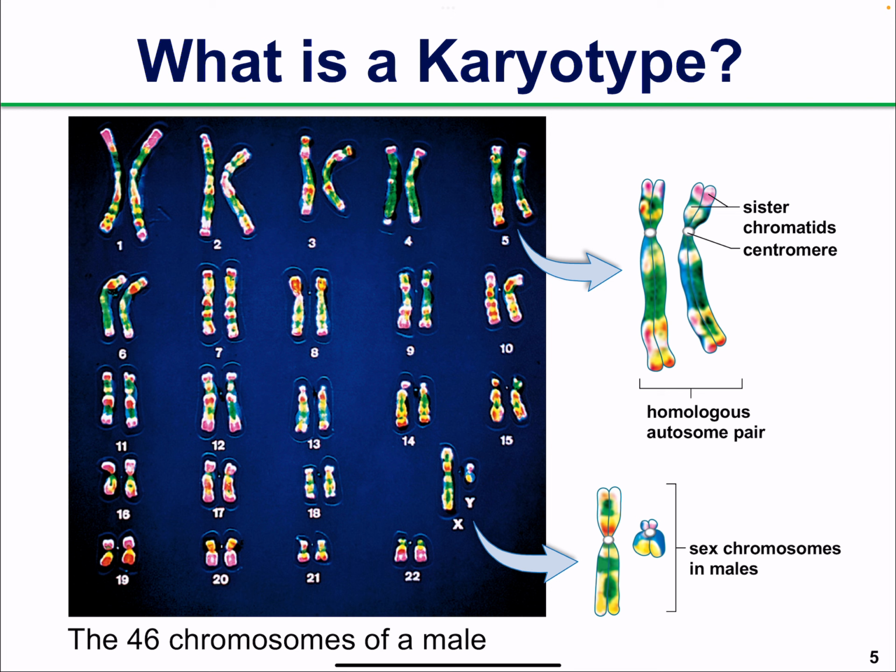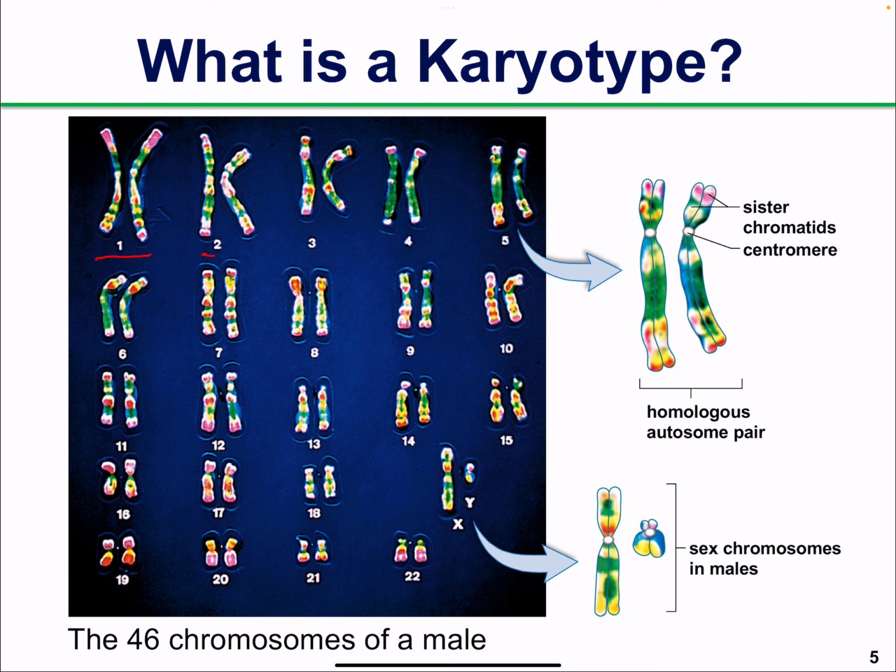And at that point, we are going to organize the chromosomes by size, typically from the longest pairs of chromosomes to the shortest pairs of chromosomes, so that pair number 1 is made up of a set of homologous chromosomes, one coming from mom and one coming from dad.